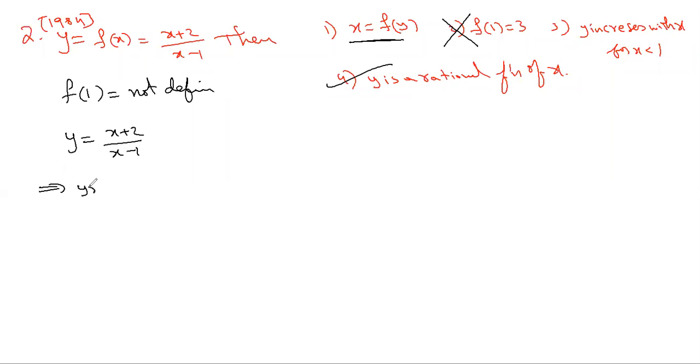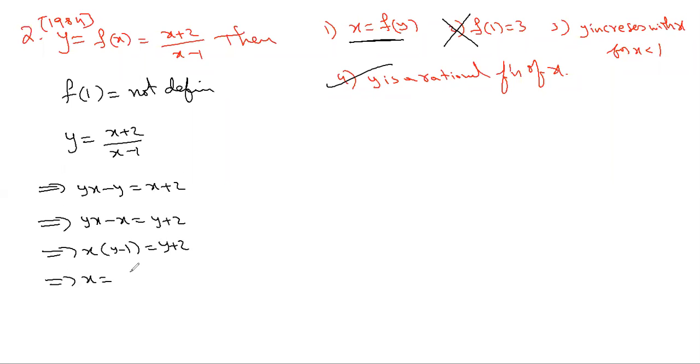Then yx minus y equal to x plus 2. That implies yx minus x is equal to y plus 2. And if we take x common, x times y minus 1 equal to y plus 2. That implies x is equal to y plus 2 by y minus 1.